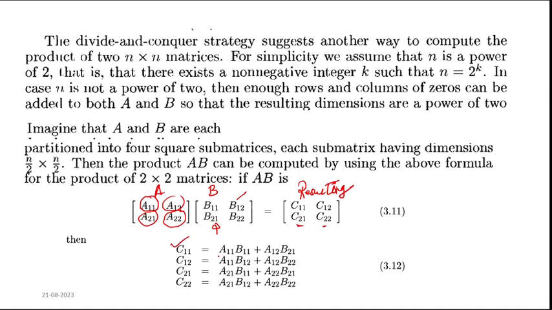So this is C11. All of you know how C11 is calculated, right? Only thing is, you should be a little careful with rows and columns. This is the square matrix we are discussing. You know how matrix multiplication happens, so everybody knows this is the easiest one.